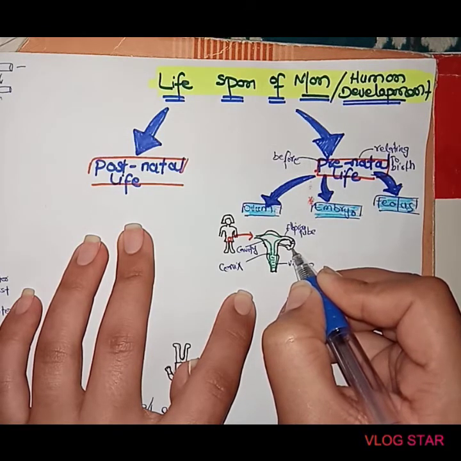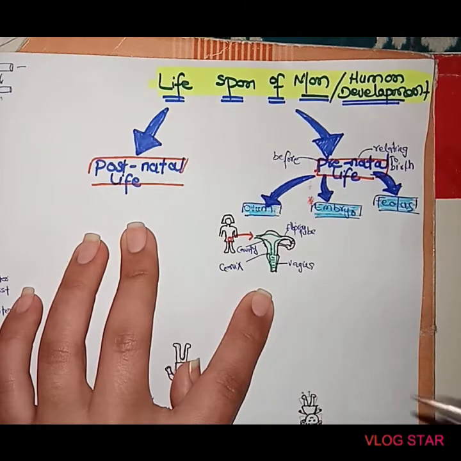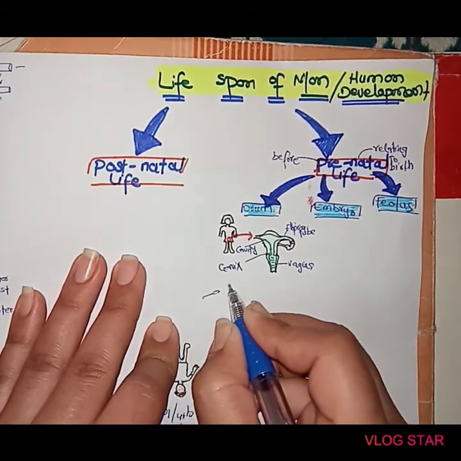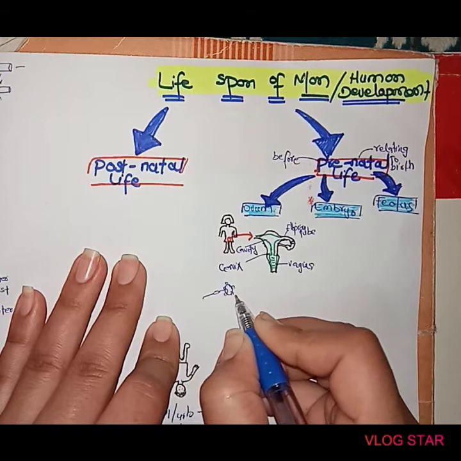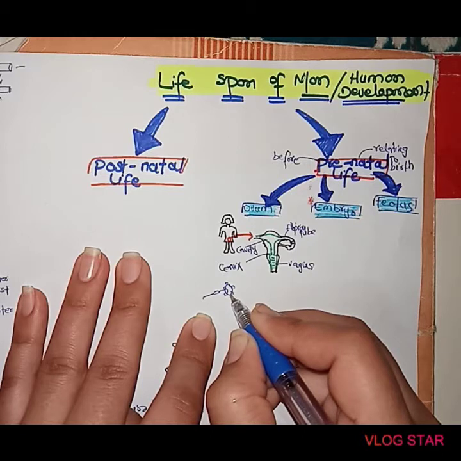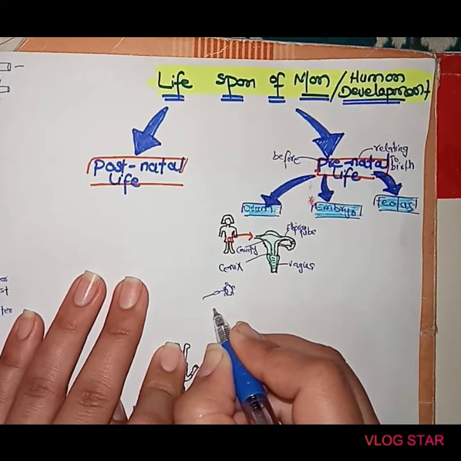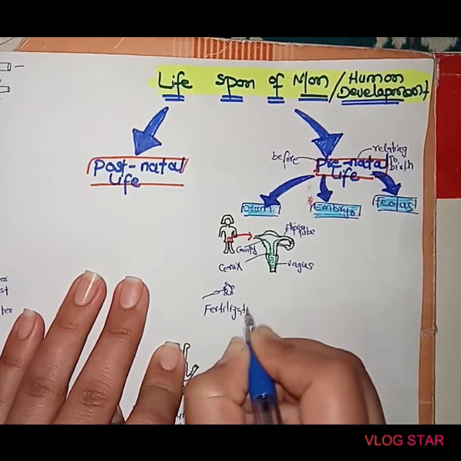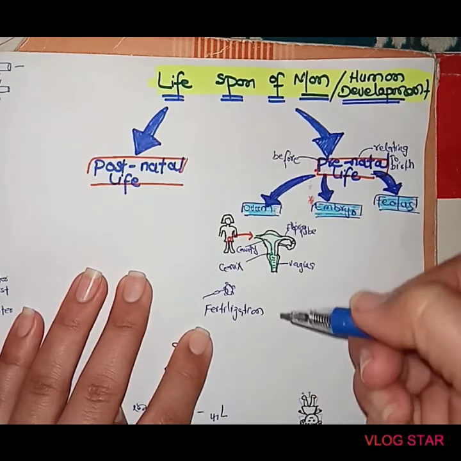Once the sperm enter into the egg, the nuclei of sperm and the nuclei of oocyte unite together, and at this point we say that fertilization has occurred and is complete. So this is the first day of pregnancy.